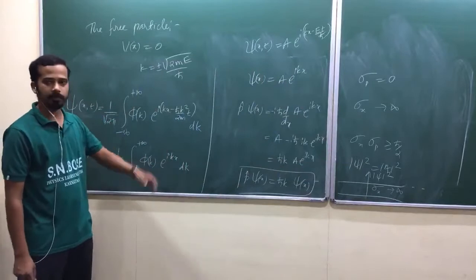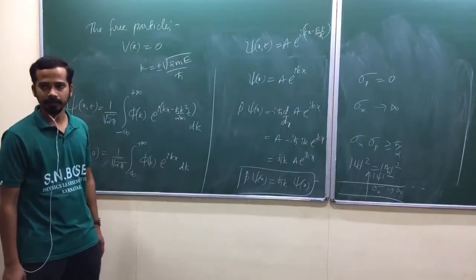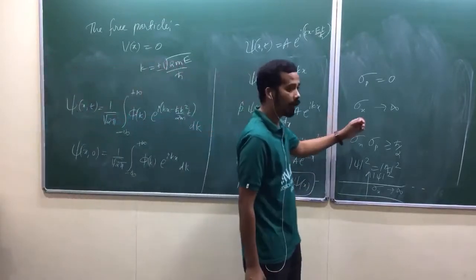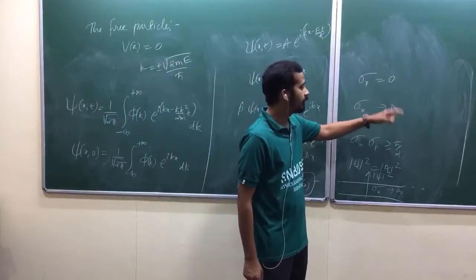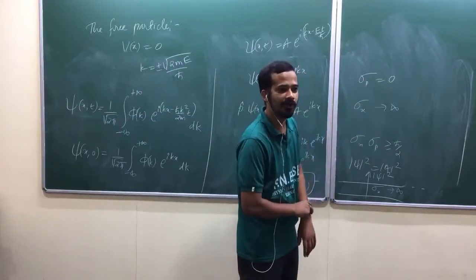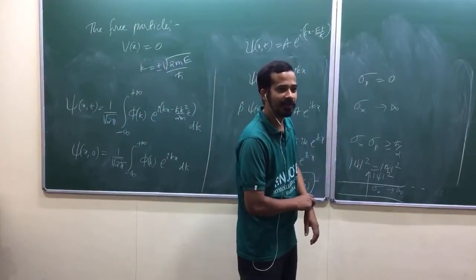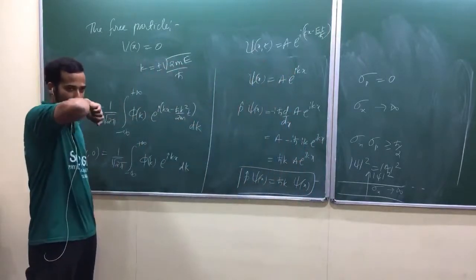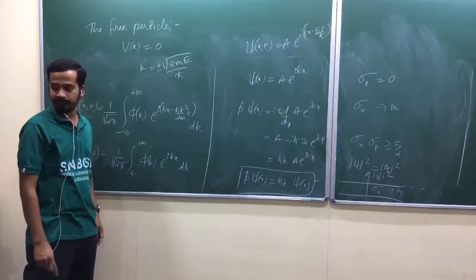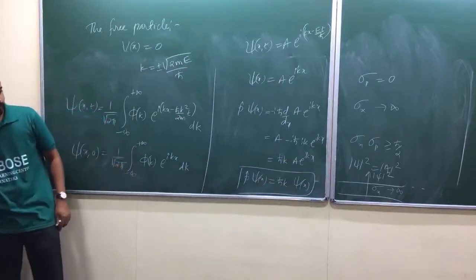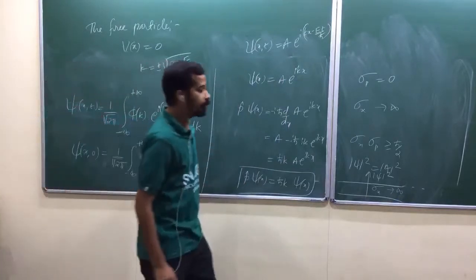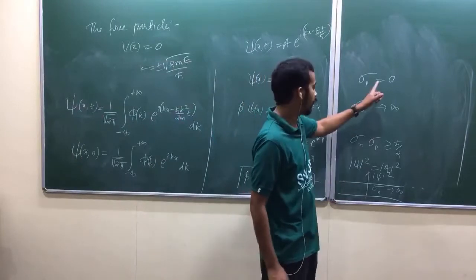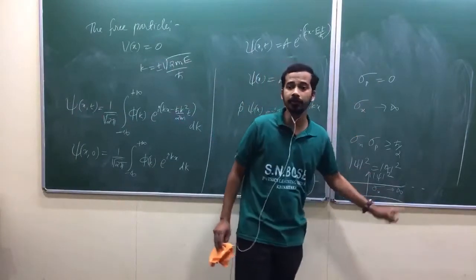Is that okay? Many problems will come, isn't it? This is also a problem. Why? This product becomes infinity into 0. What is infinity into 0? Indeterminate. Am I right? It is a definite momentum state also. That's why uncertainty in position became infinity.